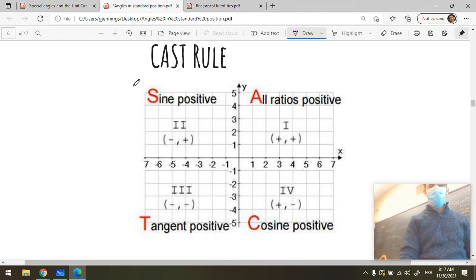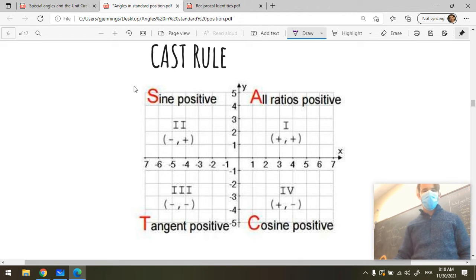Okay. Now, when we're looking at the trigonometric ratios of these different angles, we're going to find that these ratios are all related to ones that we can find in the first quadrant, but the signs of these are going to change. And when we're looking at what was called the cast rule, it is telling us if an angle lies inside that quadrant, which of the trigonometric ratios are going to be positive and which ones are going to be negative.